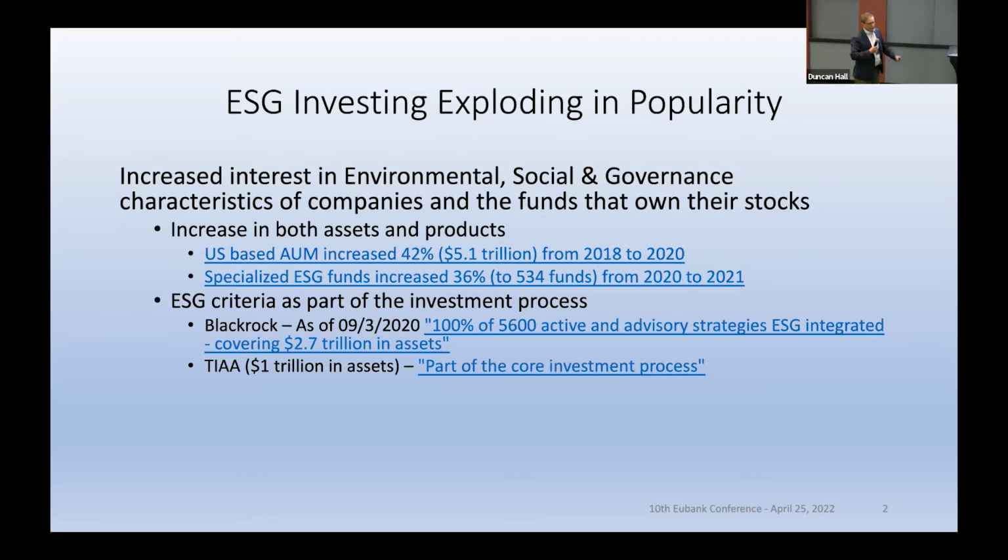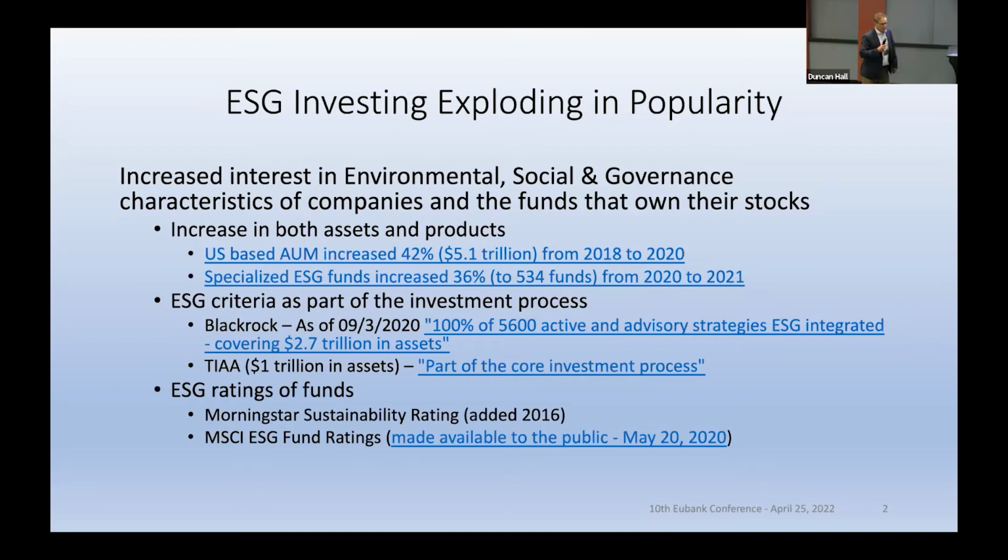Some of the biggest asset managers, BlackRock, TIAA, are overlaying ESG as part of their investment process. So every one of their fund products, whether mutual funds or funds that they run for pension funds, advisory clients, all have an ESG overlay.